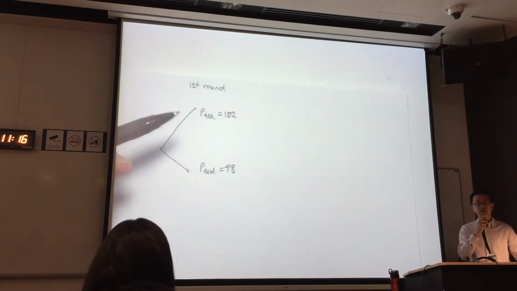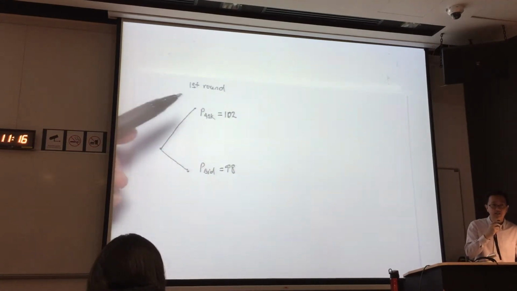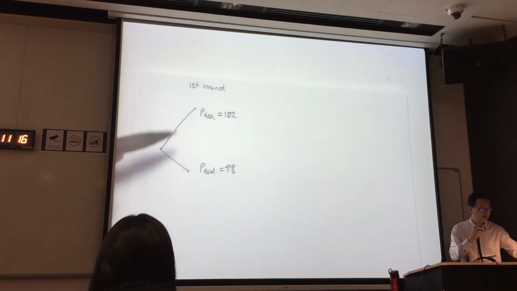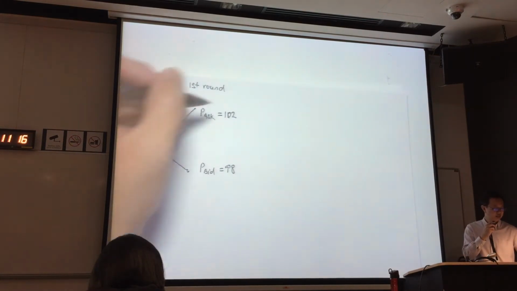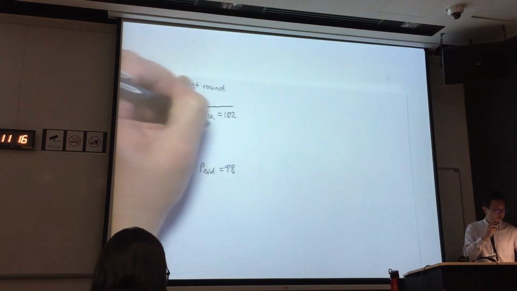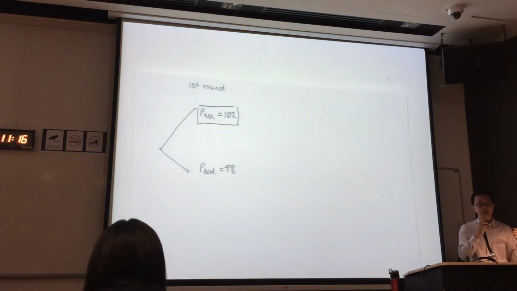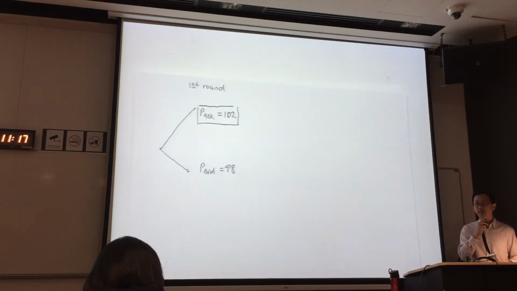It actually depends on whether the asset is worth 110 or 90. But once the execution is done, let's say the execution is done at this level, the insider actually buys at the price of 102. So the first order has been done already. This is the first round.